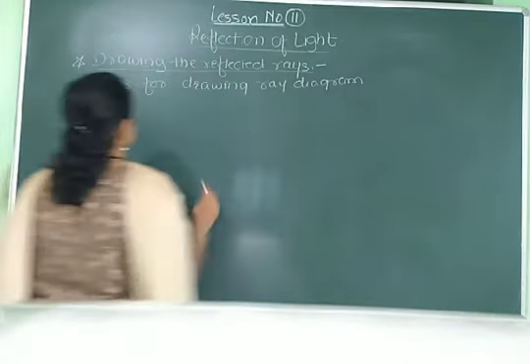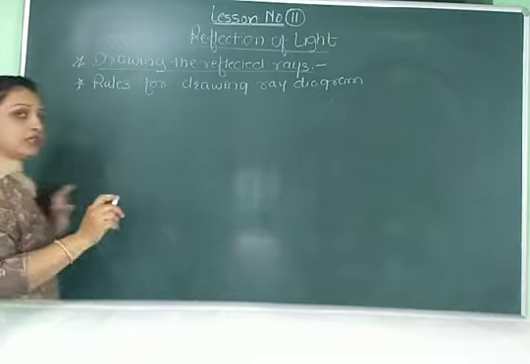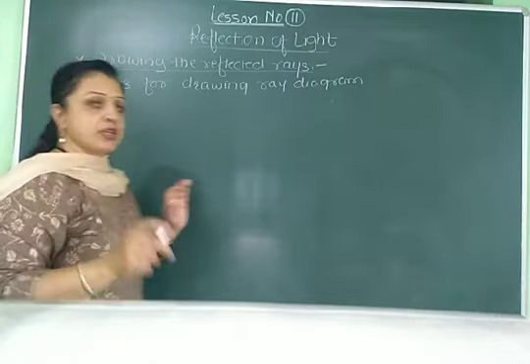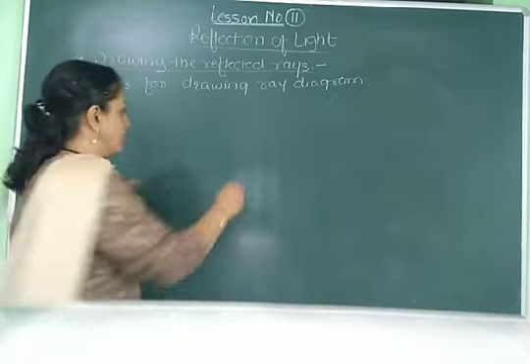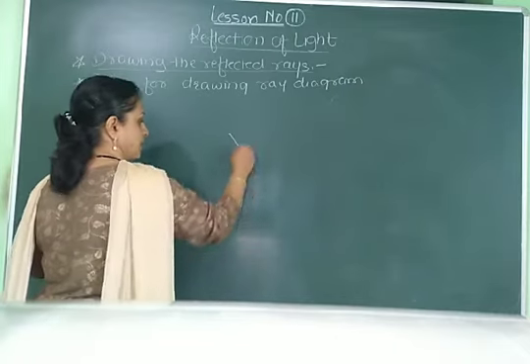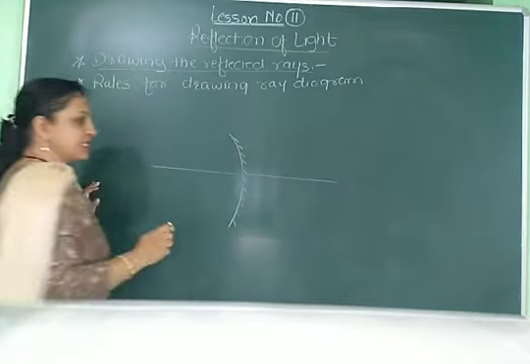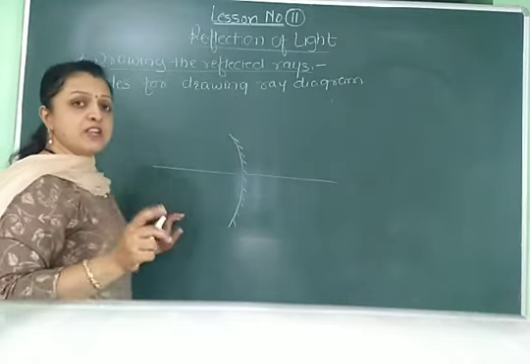Let us discuss all these rules. There are actually three main important rules. The first rule is that, consider we take one concave mirror. Suppose this is a concave mirror, and suppose this is the principal axis. Now what is the first rule?